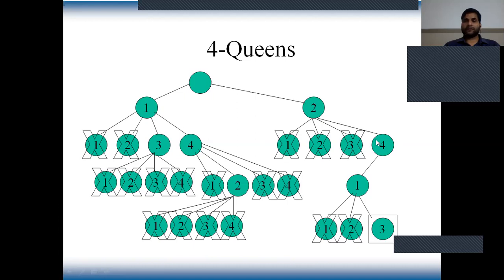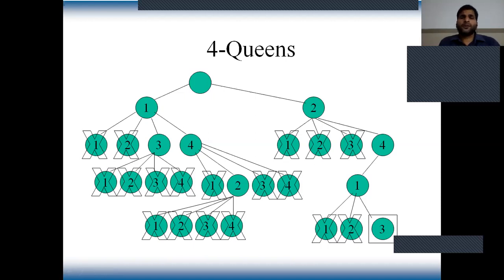Now next, we place the third queen in the first column, and we have the next option 1, 2, 3. We cannot place the fourth queen in 1 and 2, but we can place it in 3. So the solution of the state space tree diagram: queens are placed on the chessboard at positions 2, 4, 1, 3. This is the solution of the state space tree diagram.